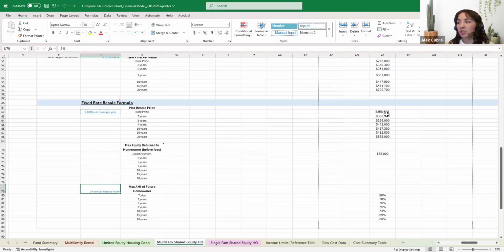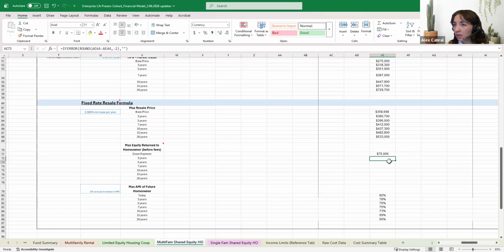So based on these assumptions, we can see the max resale price each year, what this home will be sold for, and what the AMI of future homeowners will be at the sales price. And you always want to make sure that it's either at or below what the initial affordability was.